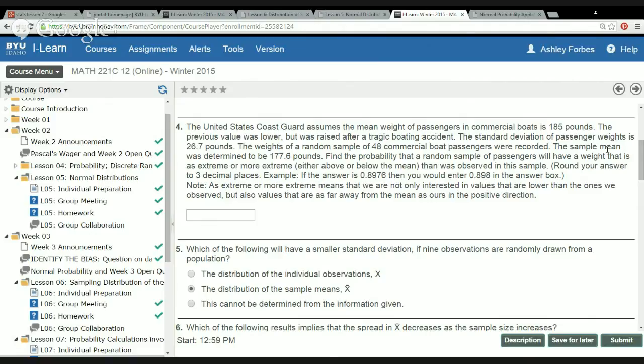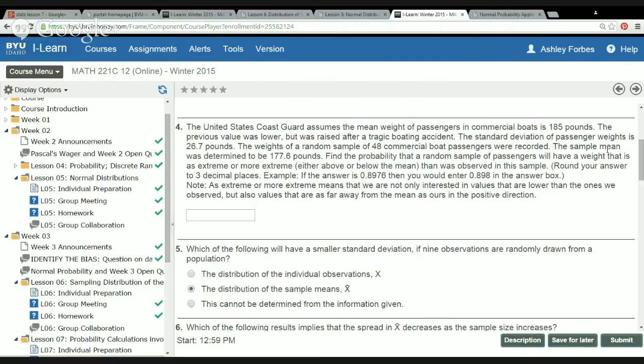Okay. And are we looking for the sample? Okay, so we're doing the sample, so we're going to have to do the square root of everything. So standard deviation is 26.7 divided by the square root of 48. Yep. And that way we're using all the numbers we're given, so hopefully I'm on the right track. Oh, yeah, that's right.